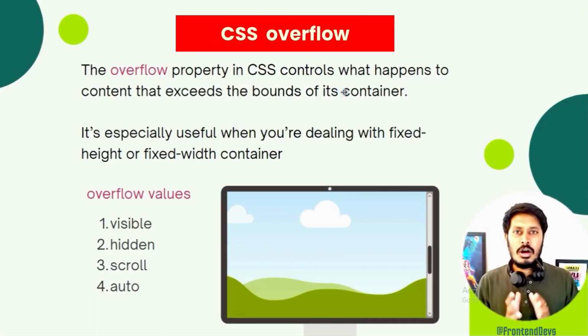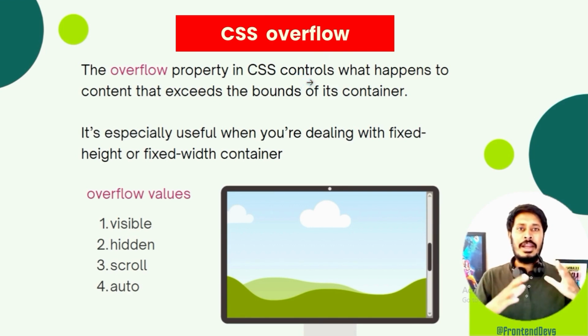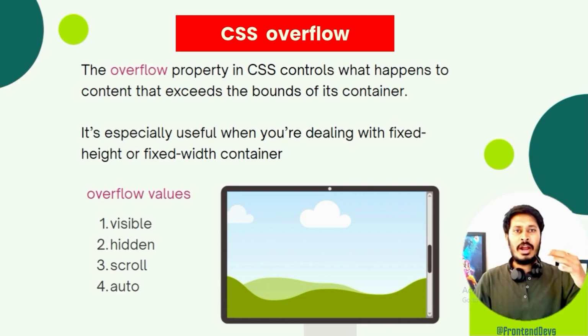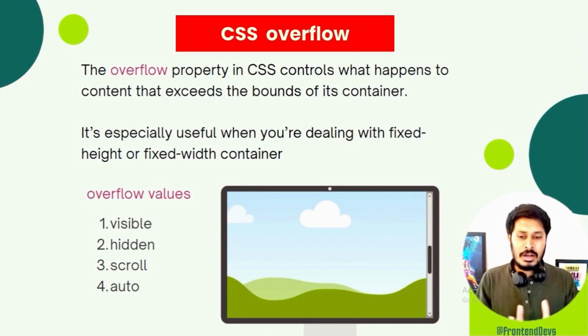When we talk about the overflow property, it is basically used to control content which goes beyond the limit. That means if we have an element with large content and we set some height and width on it, then that content may go beyond your height, right? And in that case, we will require the overflow property to adjust our content.